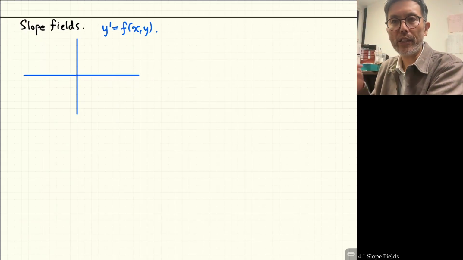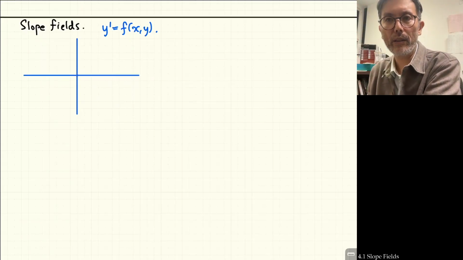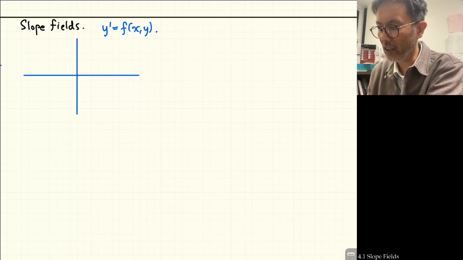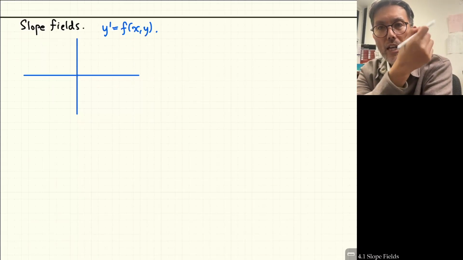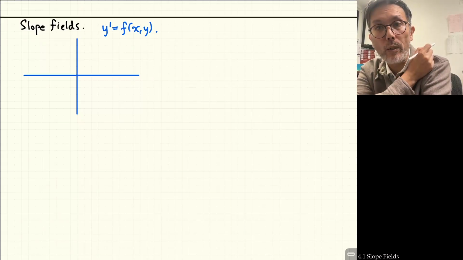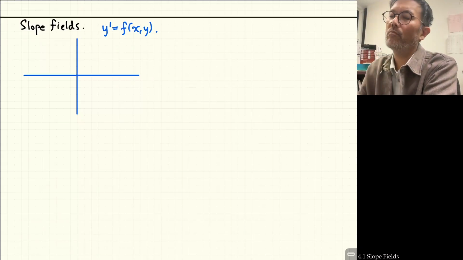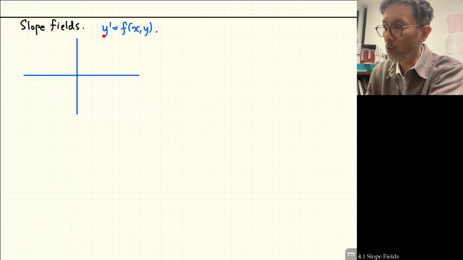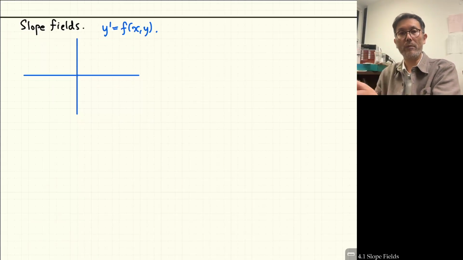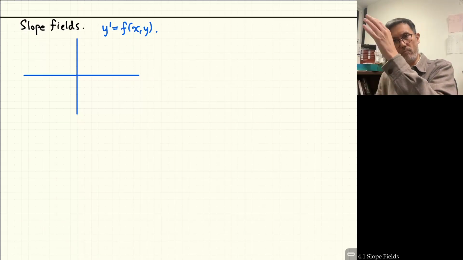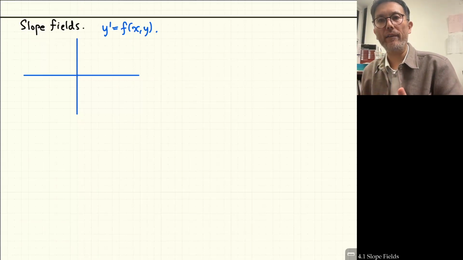And we know that at each point x comma y in the plane, we can put that x comma y into this function, and we get out some number. Now, what this equation is asserting is that y prime is going to be equal to that f of x y.